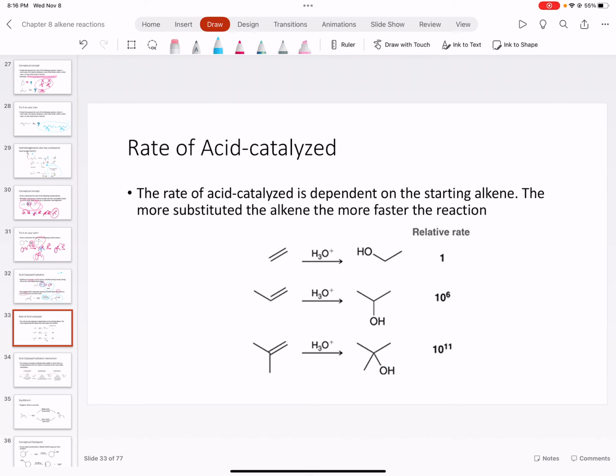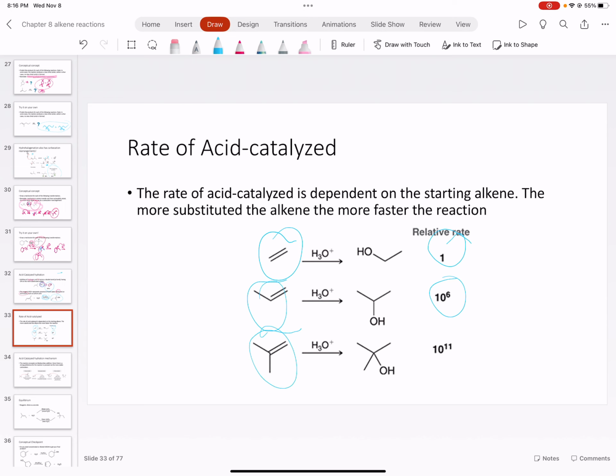So then the rate of an acid catalyzed hydration is dependent on the starting alkene. The more substituted the alkene, the faster the reaction. So then I just decided to put a little chart. You can see here we don't have any carbons, so then the rate is 1. And here we have 1 carbon, so then it's 10 to the 6.